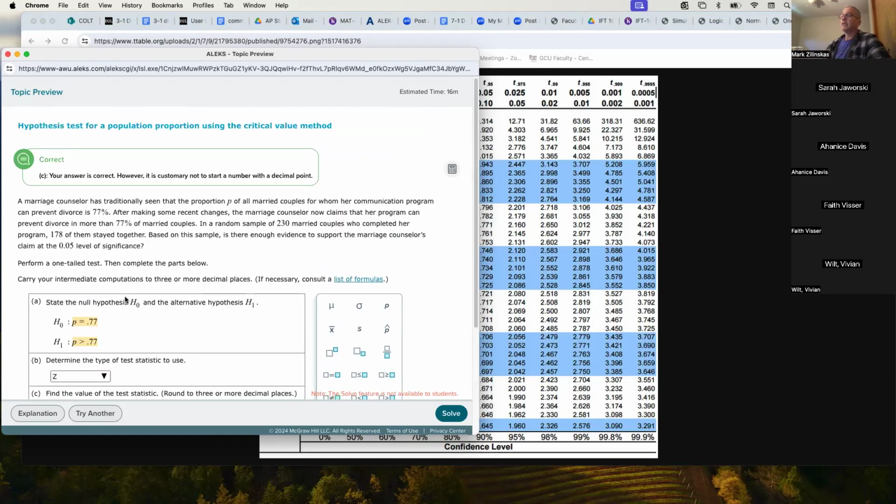Okay, so what we really did today up to this point, and we're probably getting to the point to wrap this up. I know I only got through two ALEKS examples, and I don't want you to be frustrated with that. But I kind of knew that that was going to go this way. If we would have met Tuesday, we would have had time to do more of these.